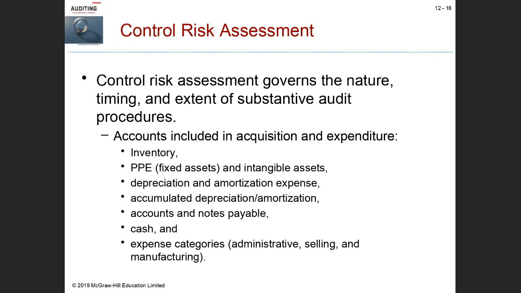But on page 566, okay, is where you'll see the internal control questionnaire for the triple P cycle. You'll note that it deals with the overall company level controls, and then application controls for each part of the cycle.